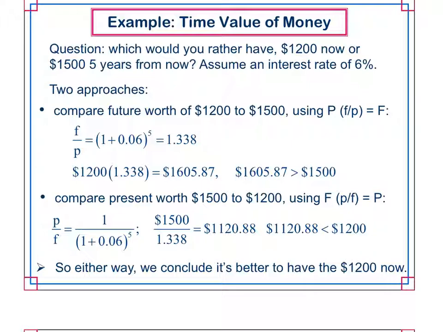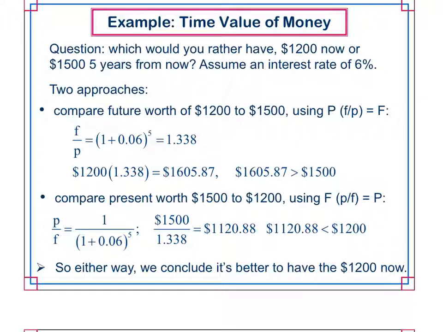So we'll do a future worth calculation, which basically means take that $1,200 and move it to the future and see if it's greater than or less than $1,500. The other way we can do it, which should give you very similar results, is take our $1,500 in the future, move that to the present time, and see if it's greater than or less than the P.